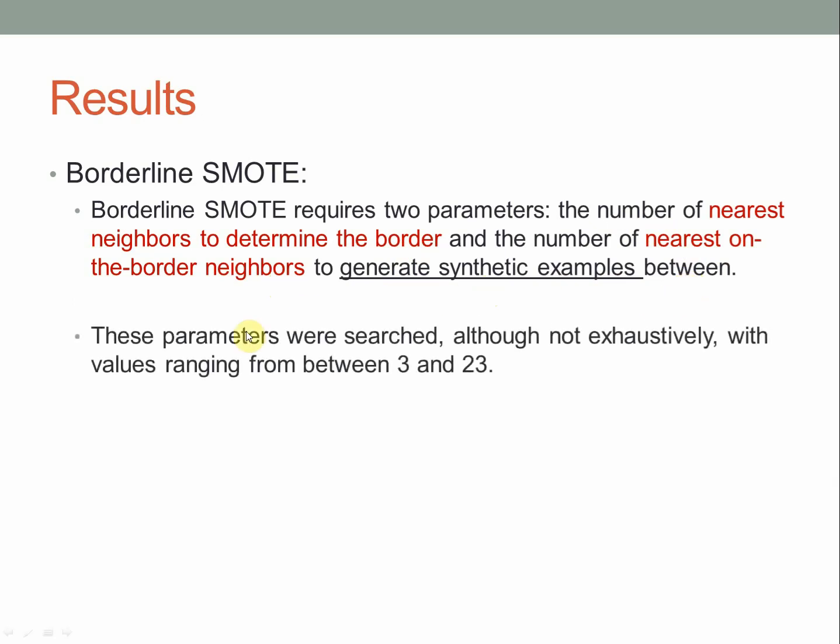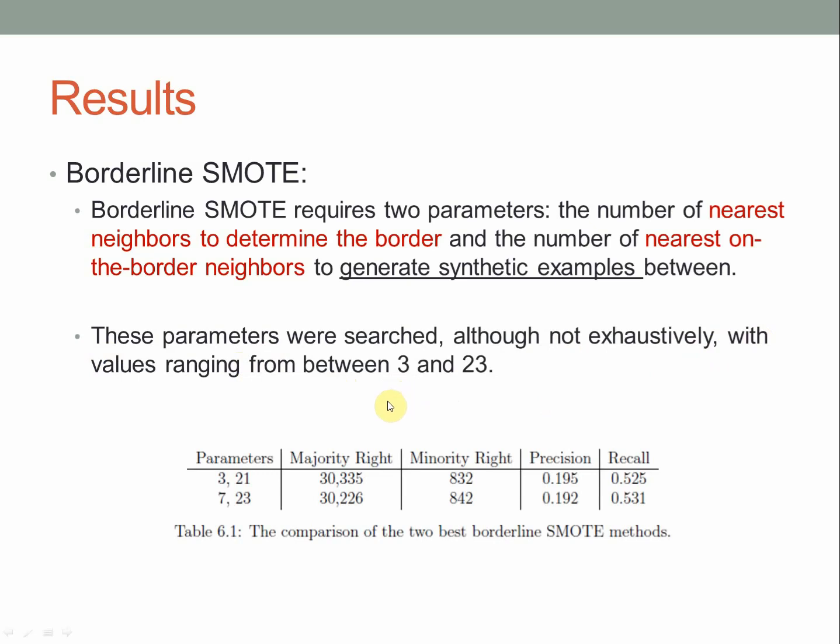In other words, these parameters were searched, although not exhaustively, with values ranging from 3 to 23. And what we found is that a combination of 3 and 21 is one of the better results that we received.